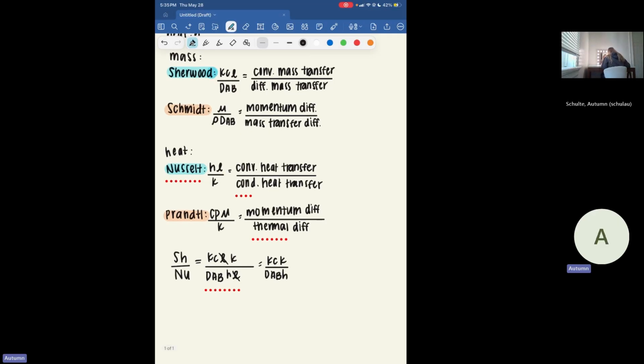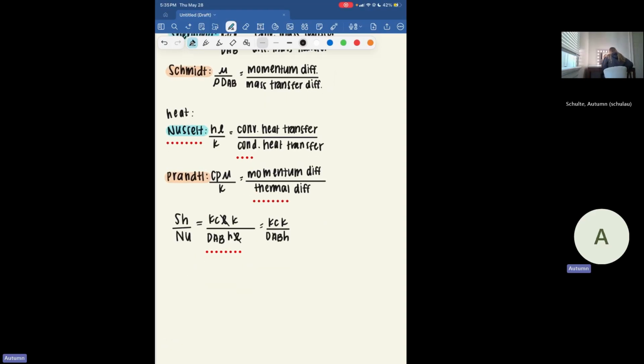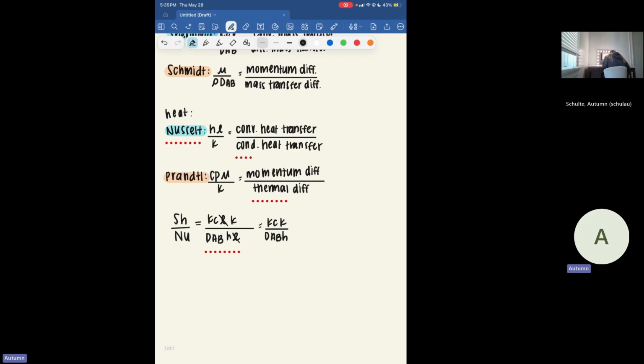Now we can actually write out experimental equations for the Sherwood and Nusselt number. The Sherwood number is equal to a constant multiplied by the Reynolds number to the 1/2 and the Schmidt number to the 1/3. Our Nusselt number is equal to the same constant multiplied by the Reynolds number to the 1/2 and the Prandtl number to the 1/3.